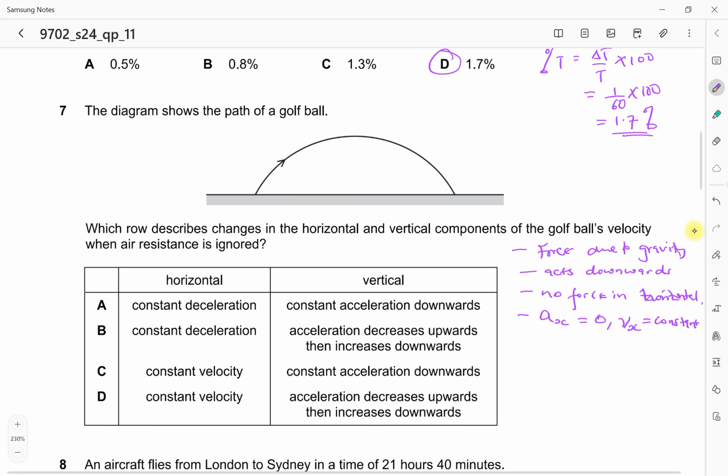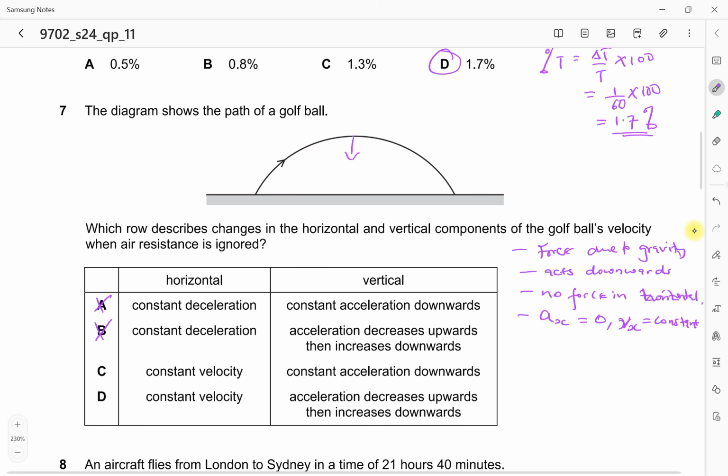So the question is, which row describes changes in the horizontal and vertical components of the golf ball's velocity when air resistance is ignored? In the horizontal, when I say ax, it means the acceleration in the horizontal, and Vx is the velocity in the horizontal. So the velocity remains constant because there is no acceleration. So we start with that. Horizontal velocity remains constant, so we ignore A and we ignore B. In the vertical, the force acts vertically downwards.